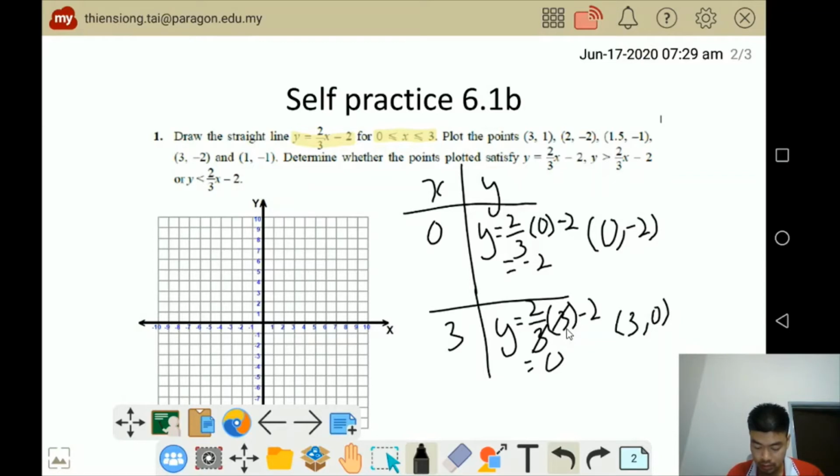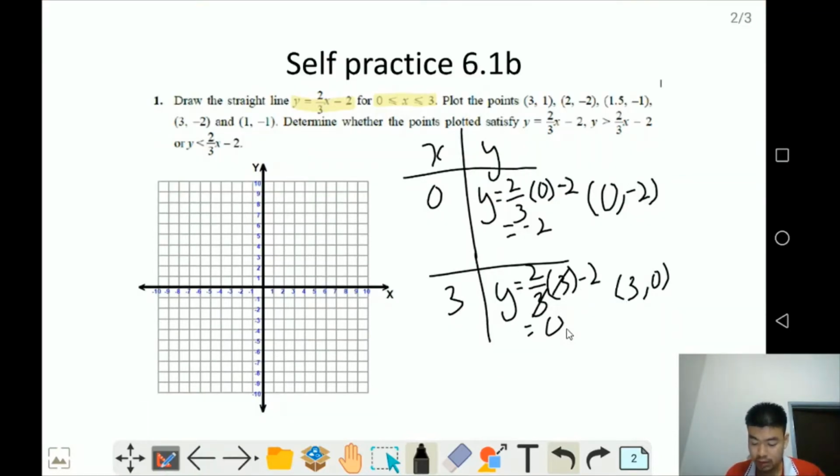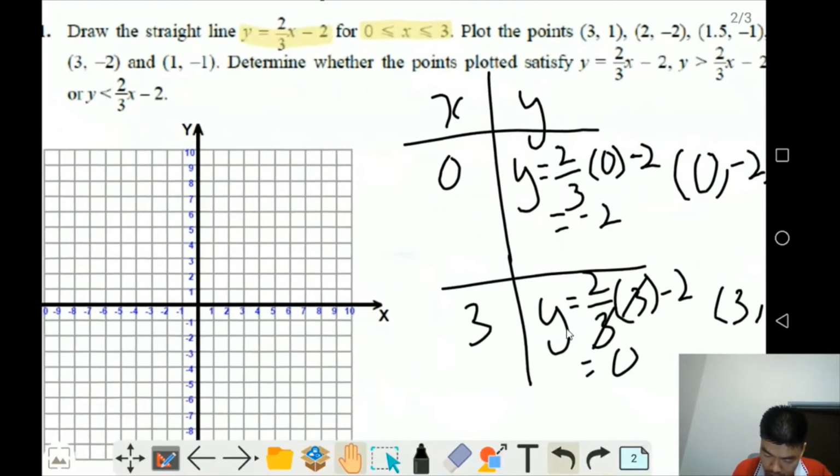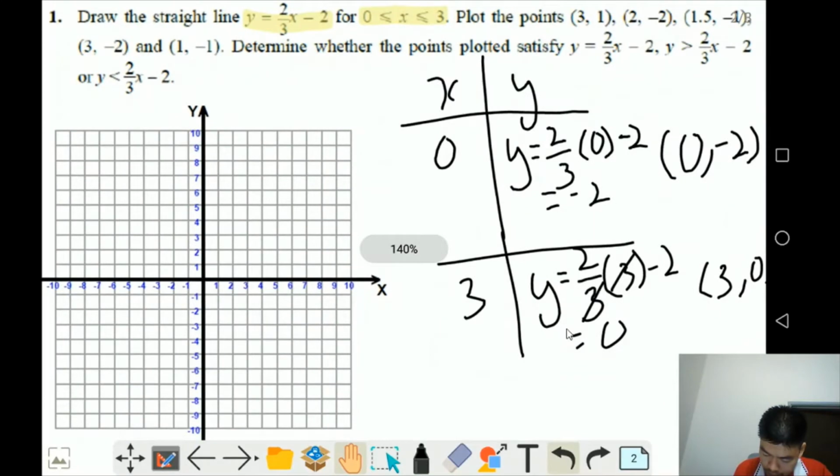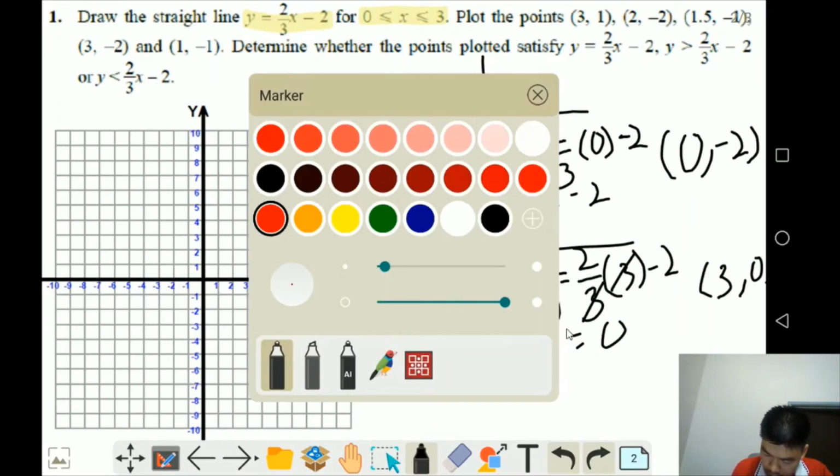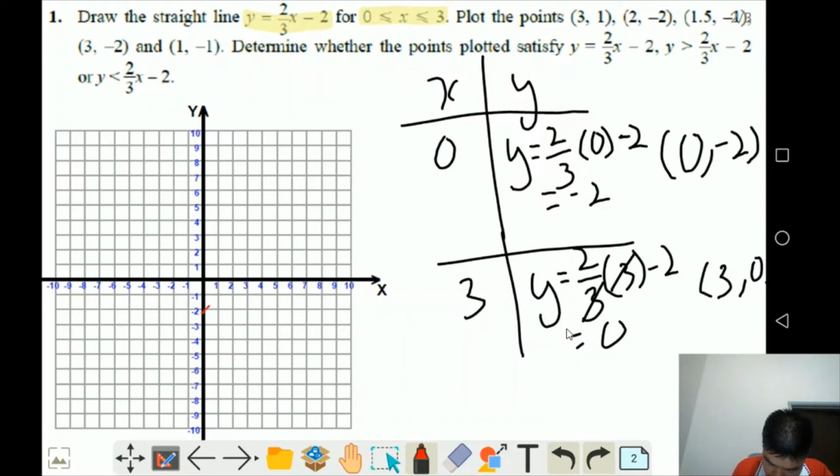Let me go there. Where is (0, -2)? Let me zoom in a bit. Let me use another color so that you can see clearly. (0, -2) is right over here. (3, 0) is right over here. See that?